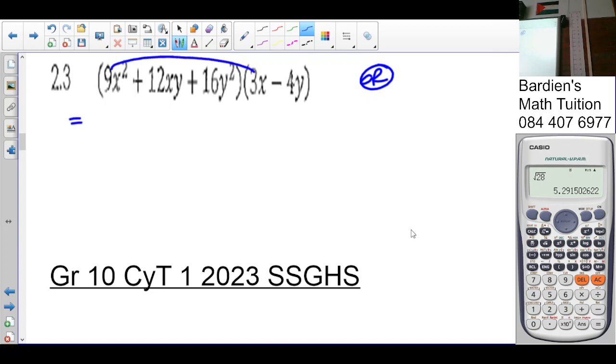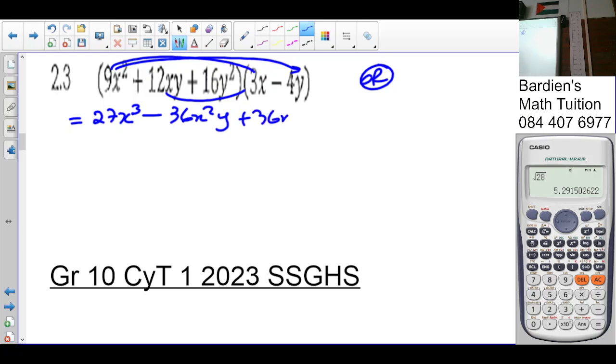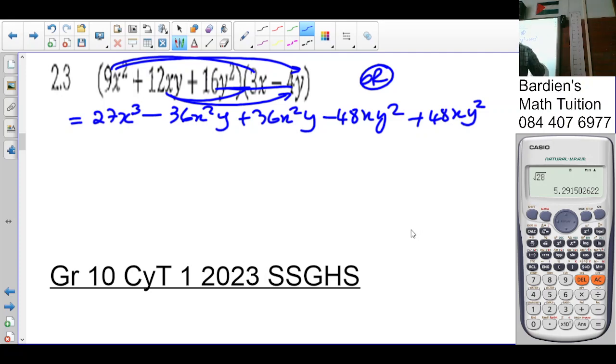So you multiply out: 9x squared times 3x is going to give you 27x cubed. 9x squared times negative 4y squared is negative 36x squared y, and then 12xy times 3x is positive 36x squared y, and 12xy times negative 4y is going to give you negative 48xy squared, and then 16y squared times 3x is going to give you positive 48xy squared, and negative 4y times positive 16y squared is going to give you negative 64y cubed.